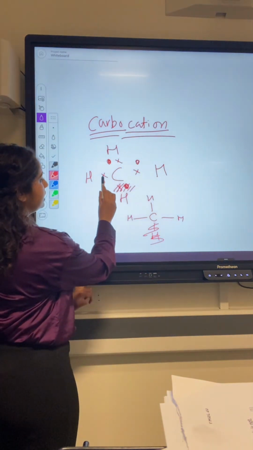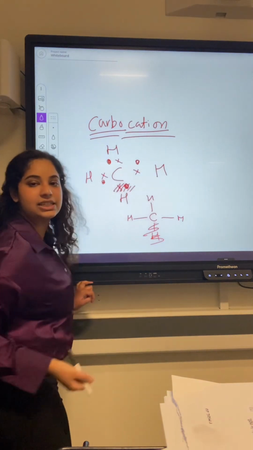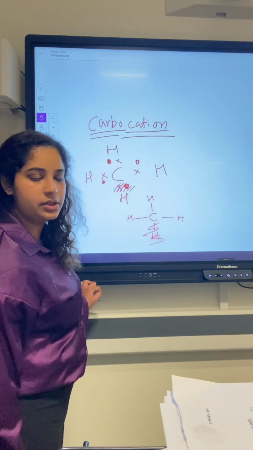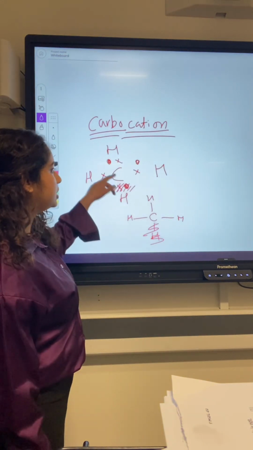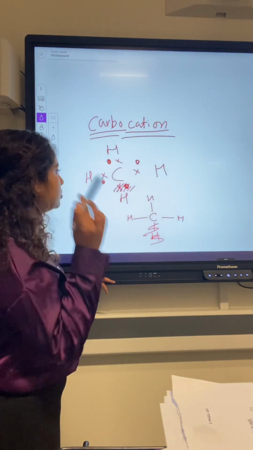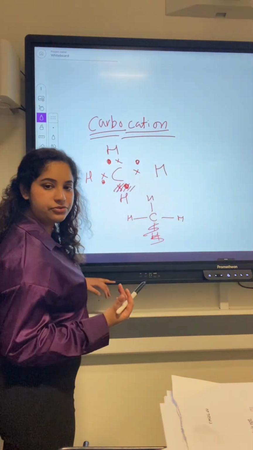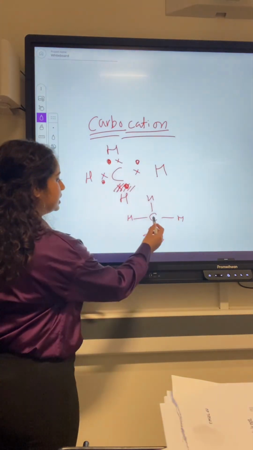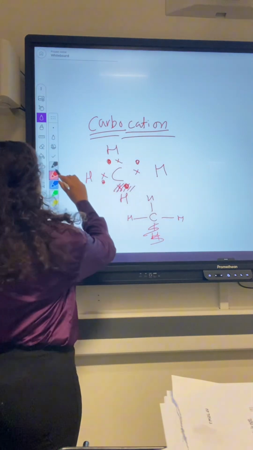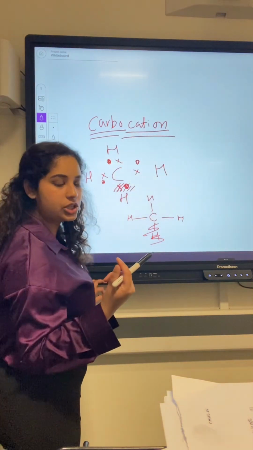It has 1, 2, 3, 4, 5, 6 electrons in total in its outer shell. Any electron that's being shared counts toward the number of electrons in its outer shell. Because it's electron deficient, the carbon will become positively charged, and it will have a positive charge on the carbon.